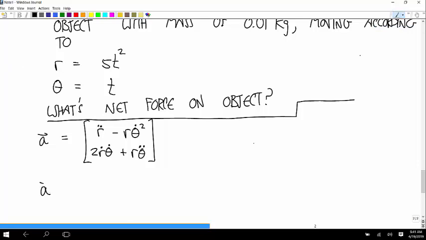So plug these values in. The acceleration is equal to the second time derivative of 5t squared. So that's 10t, so 10, minus 5t squared times 1 squared.